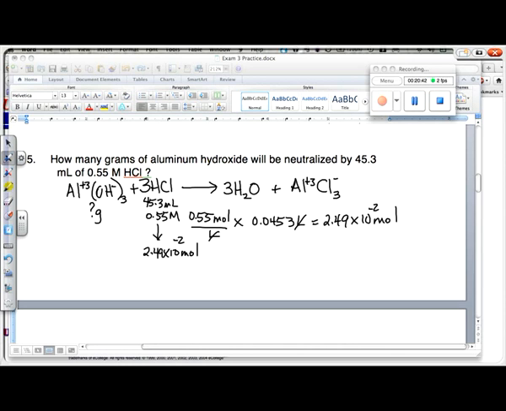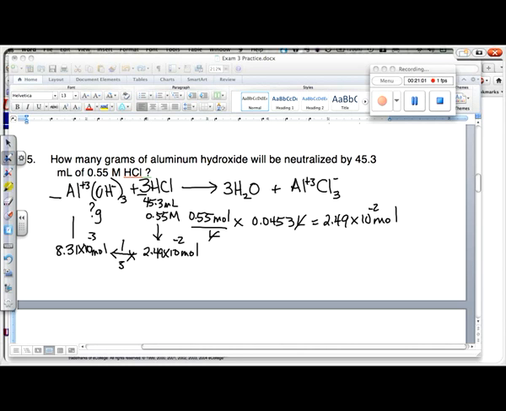Okay, using our mole ratio times, there's a 1 here and a 3 here, so dividing by 3. And I end up with 8.31 times 10 to the minus 3 moles of the aluminum hydroxide.